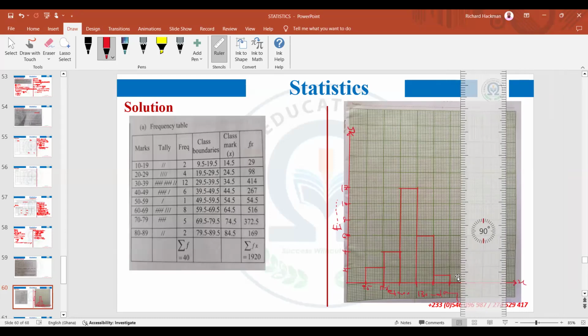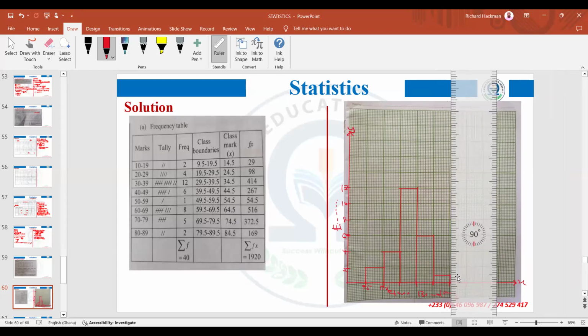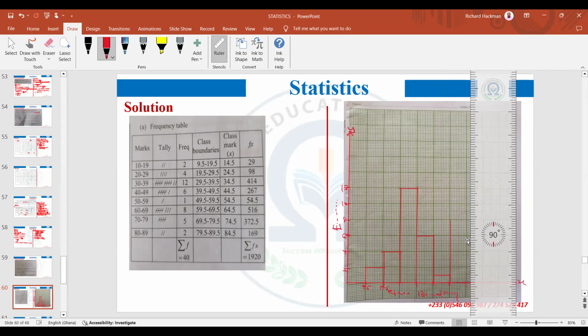Let me continue. I will do only one example. So the next one will be 8. You move on to 8. You know where 8 is. 8 is here. So you extend this one to 8. Then come here, 8. I'll later go and close it.